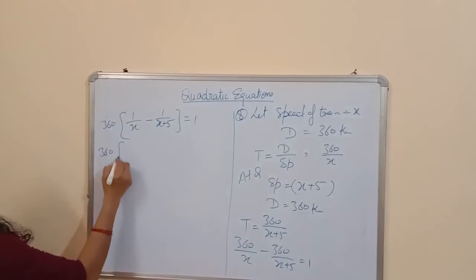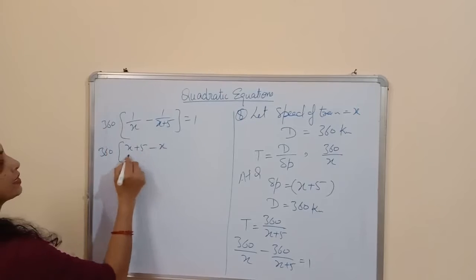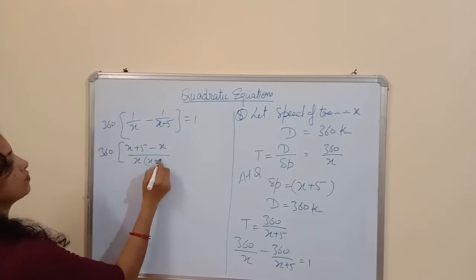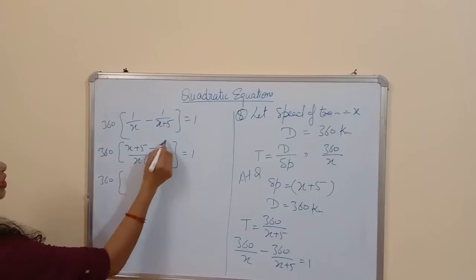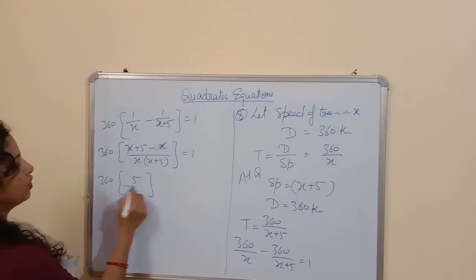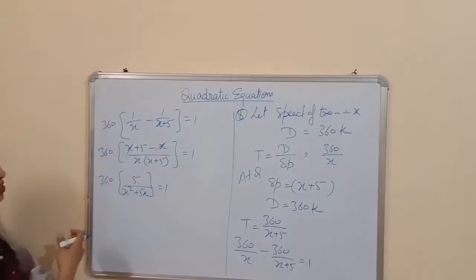Taking the LCM, x plus 5 minus x upon x into x plus 5 is equal to 1, or we can say 360 into 5 upon x square plus 5x is equal to 1. And then we can solve it.